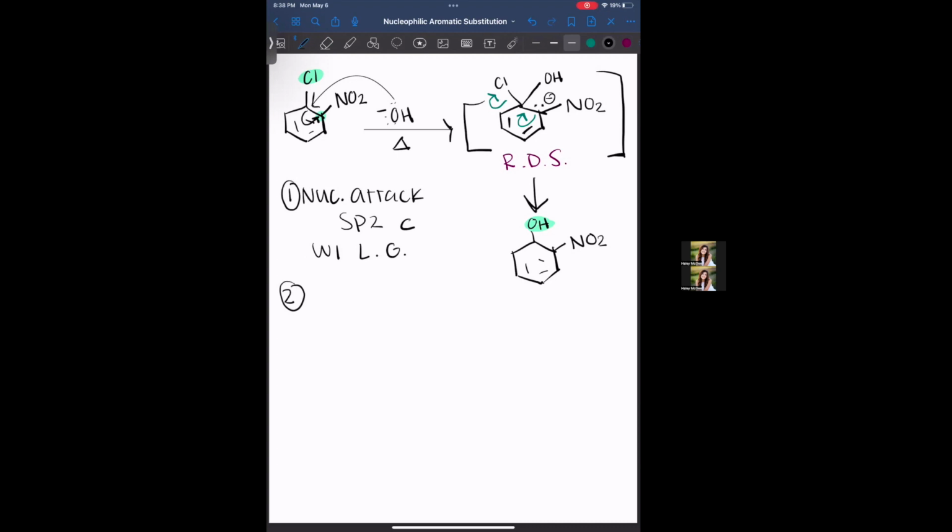Second, we're going to form our intermediate, which is going to be our sigma complex. And then third, our leaving group is just going to leave. And then we have our product.